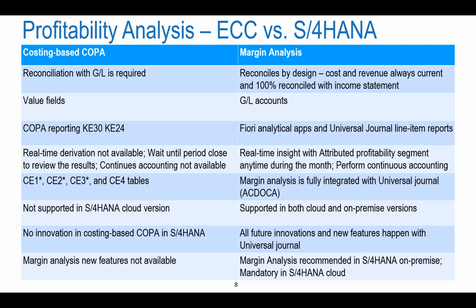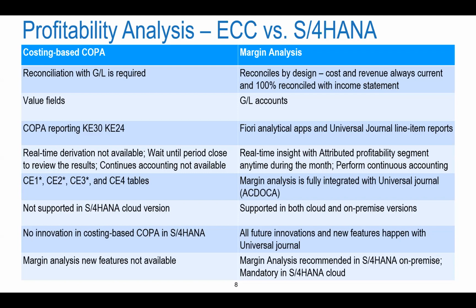Those who are using costing-based COPA, one of the nightmares is reconciliation with financial accounting, which is GL. You have value fields used in costing-based COPA, and because of the timing between the documents, let's say cost of goods sold post versus your billing document post, costs don't get updated with COPA in costing-based COPA.